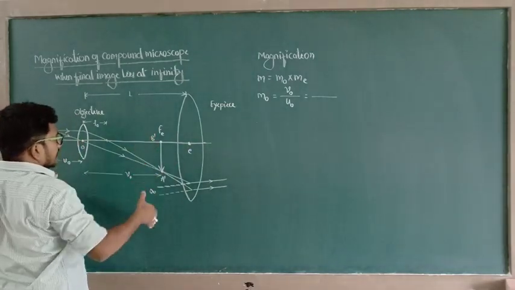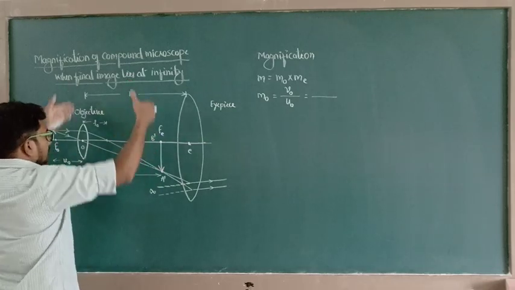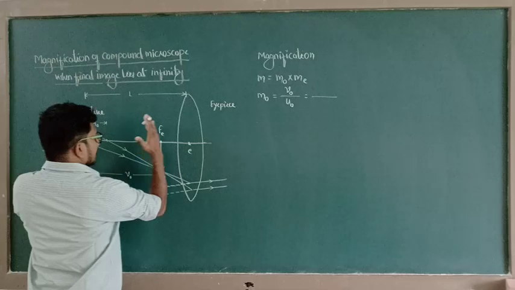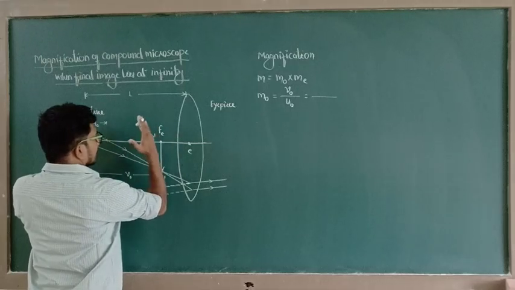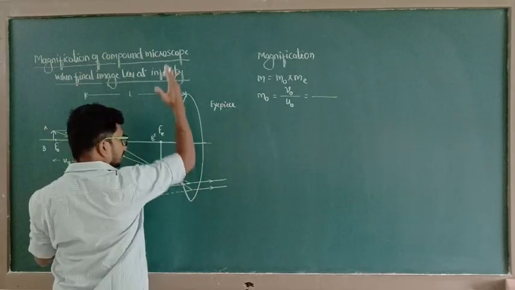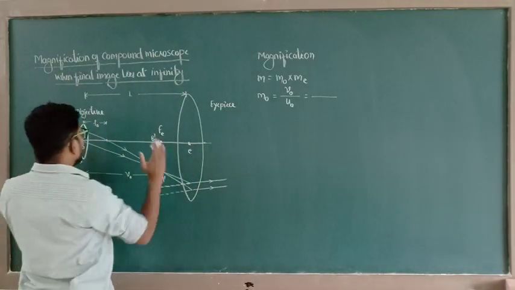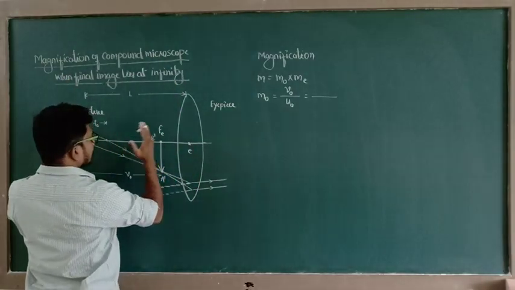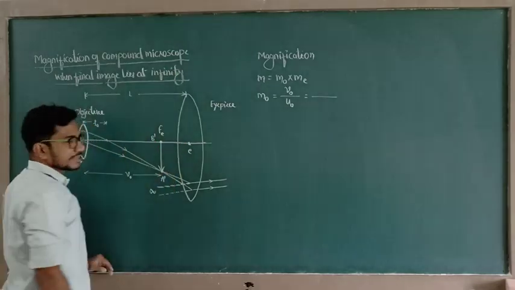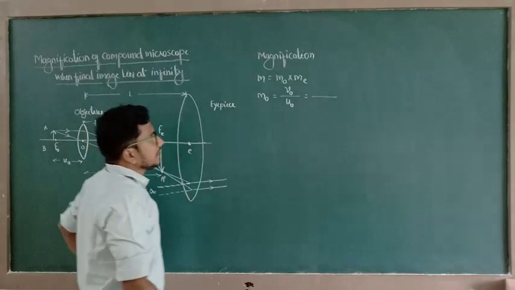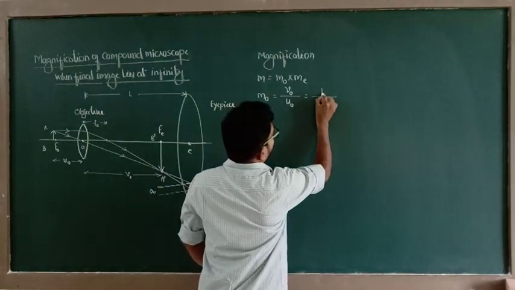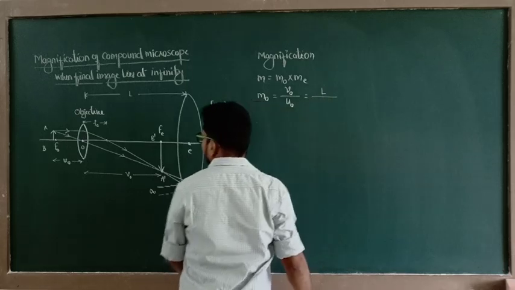This is the image distance from the optical center of the objective, which is nearly equal to the length of the compound microscope. Therefore, V naught is equal to the length of the compound microscope, L, divided by the object distance.